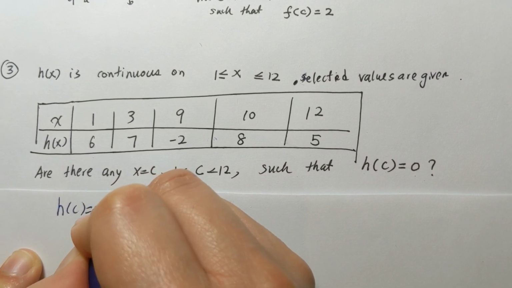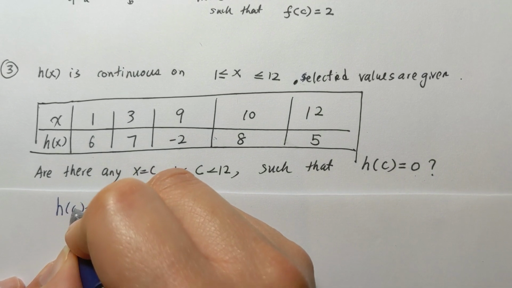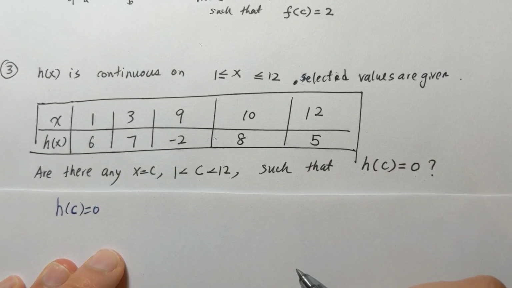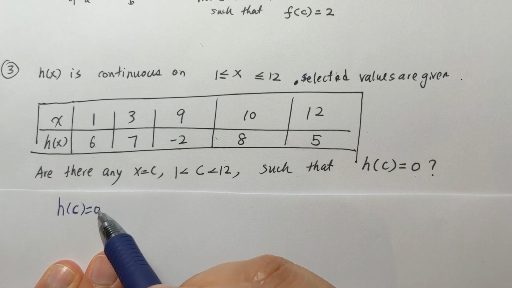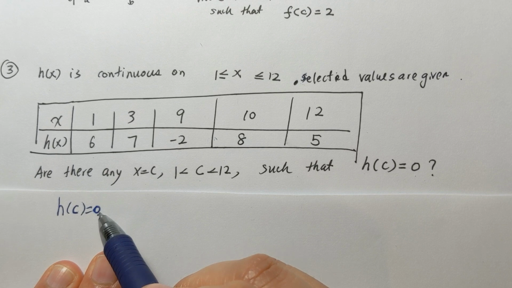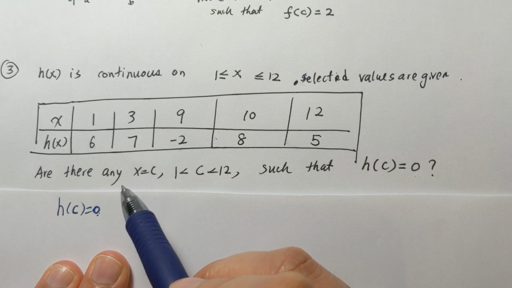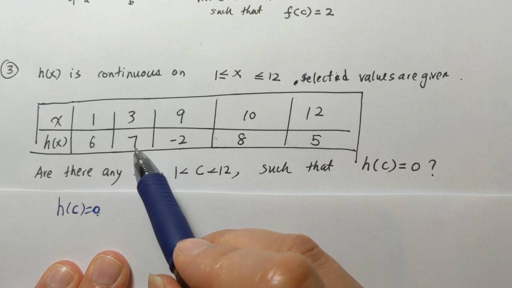H of c equals 0, not slope. So that means we try to use the intermediate value theorem, and you have to see the number in between. Is 0 between 6 and 7? No. Is 0 between 7 and -2? Yes. 0 is between 7 and -2.